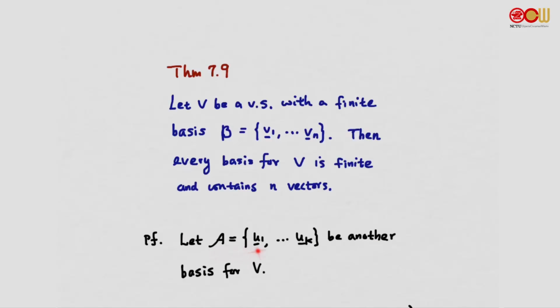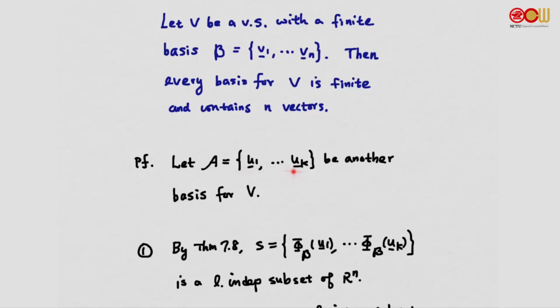This basis A has k vectors and is another basis for V. So if we want to show the theorem, we need to show that this k is actually the same as n here. Because the u vectors are linearly independent, their images are also linearly independent.